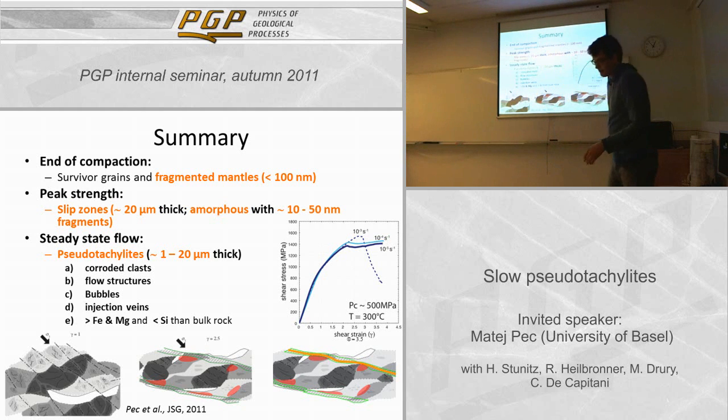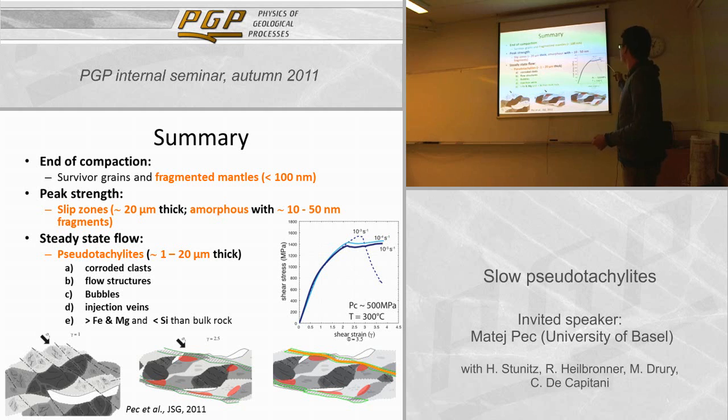So to sum it up, at the end of compaction, we have the survivor grains with fragmented mantles that are very fine-grained. At the peak strength, we form slip zones that are around 20 micrometers thick, partly amorphous with 10 to 50 nanometer fragments.